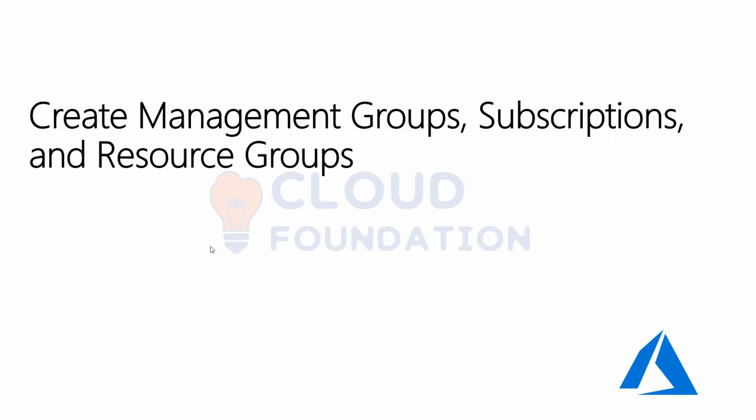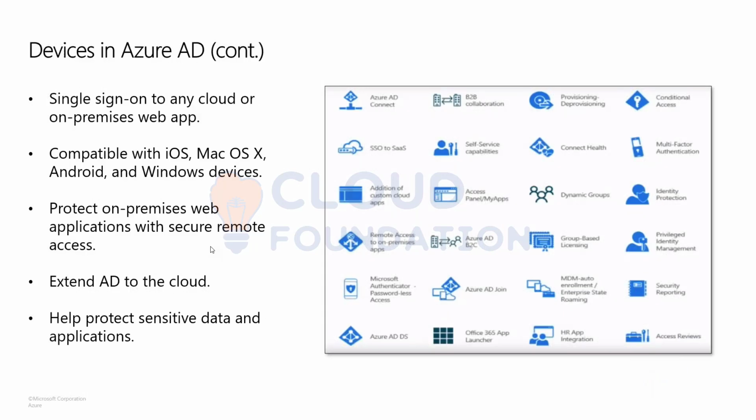Hey, Subhash, can you go back to the previous slide? Yep. So these are all under Azure AD, right? Yes. Okay. And can we call them microservices under Azure AD, or services provided by the AD?